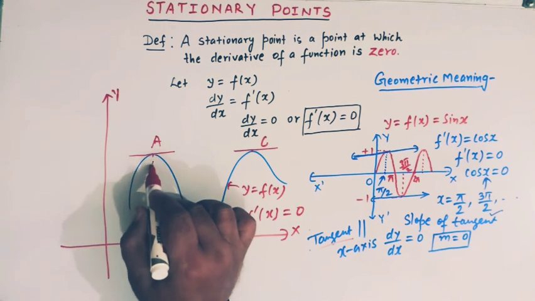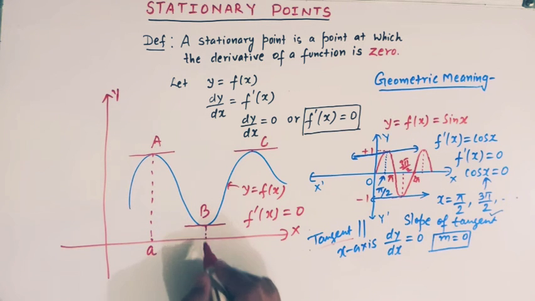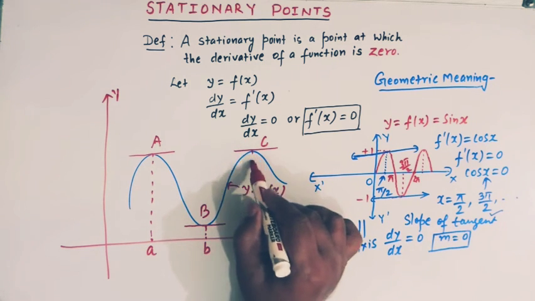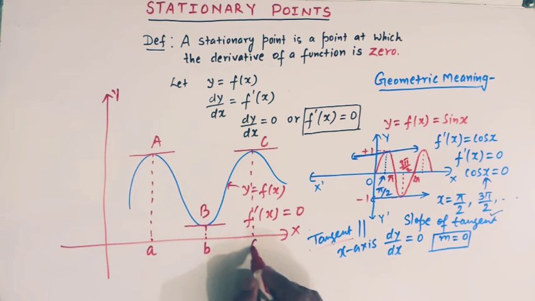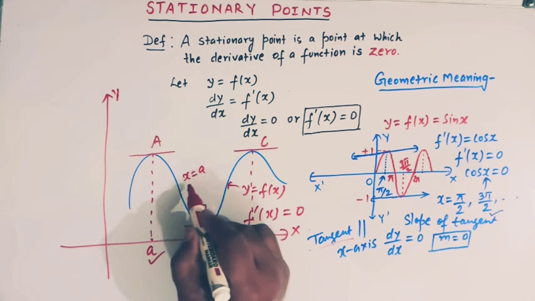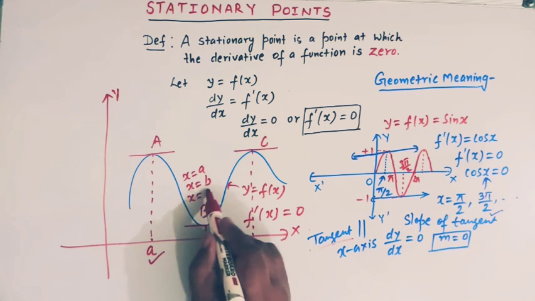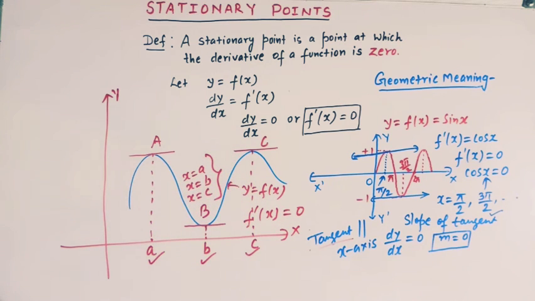So if this is the point A, this is the point B, and say this is the point C, then x equal to A, x equal to B, and x equal to C are known as the stationary points.